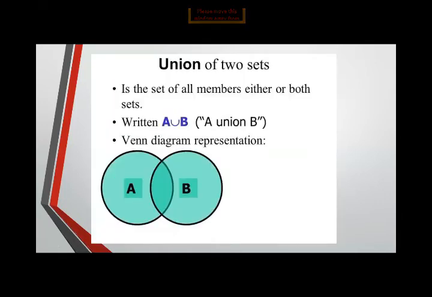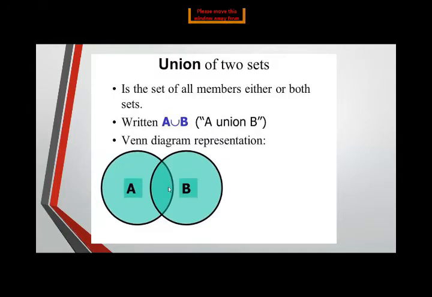Here is some description about the union of two sets, how we find the union of two sets and how we represent it by a Venn diagram. The union of two sets is the set of all members that are in either or both sets. It is written as A union B and read as A union B. And the Venn diagram representation is here.